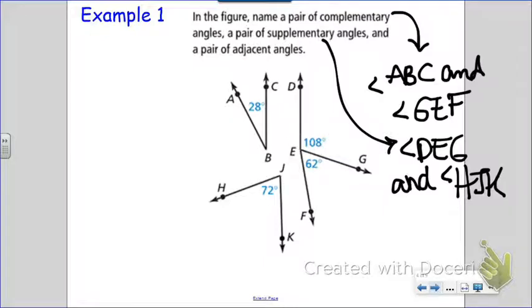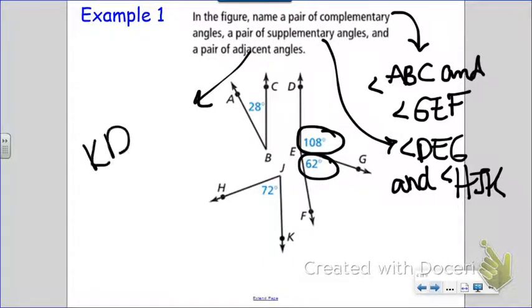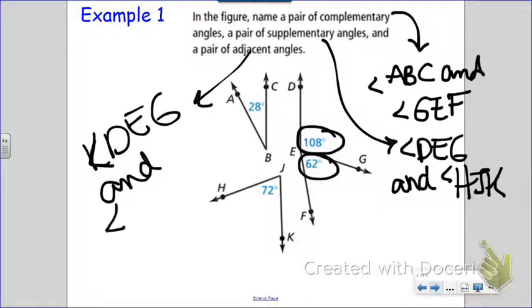And then finally, we want a pair of adjacent angles. Those are two angles next to each other. So that would be angles DEG and GEF.